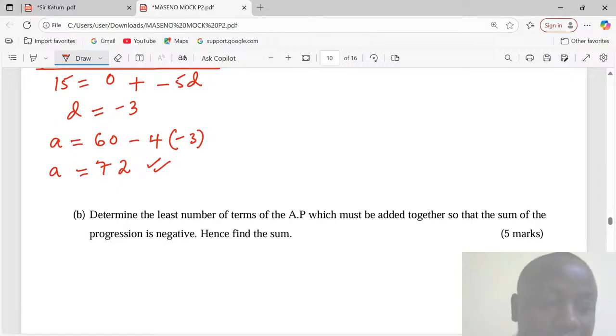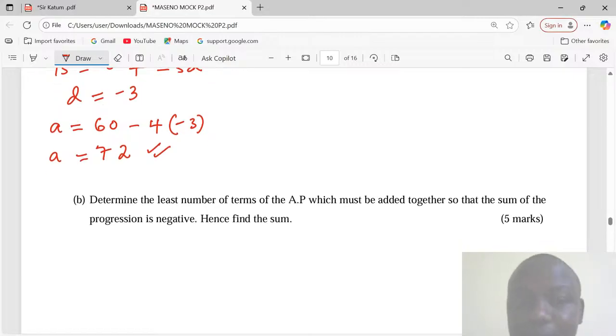Before we transition from a positive sum to a negative one, we are supposed to pass through 0. Therefore, let's get the number of terms that would give us a sum equal to 0. After we've gotten 0, the next term to be added will automatically take us to the negatives because it is a decreasing AP.